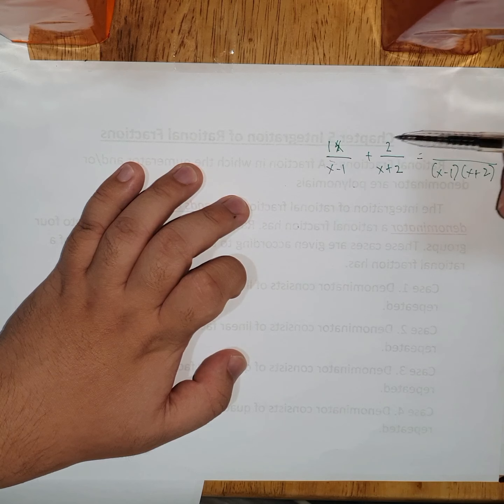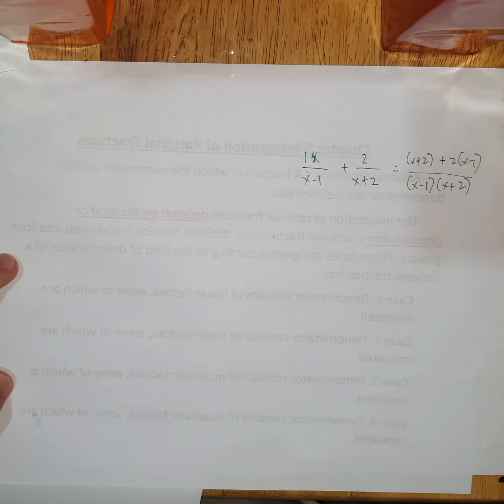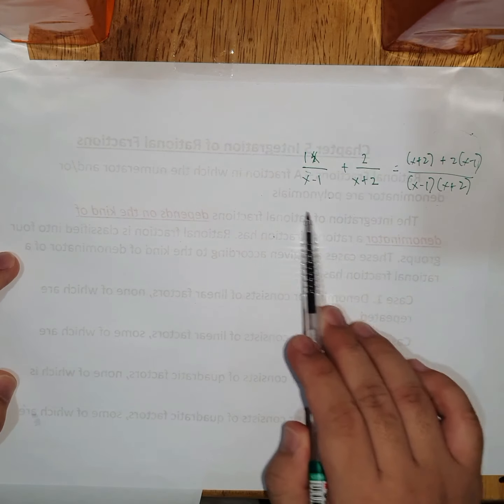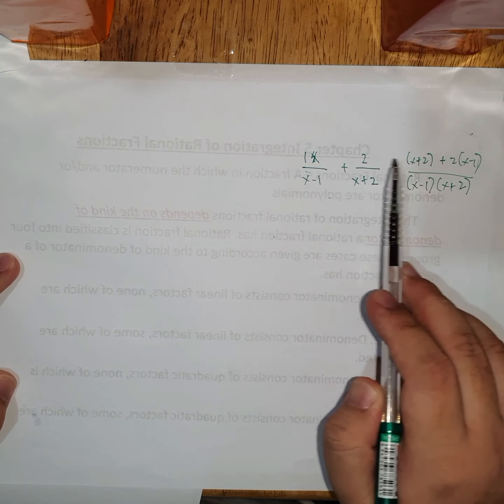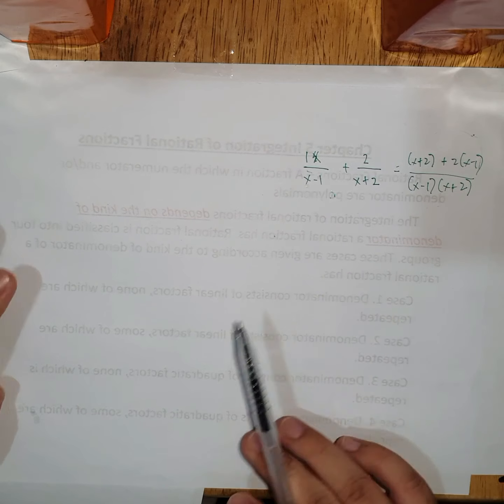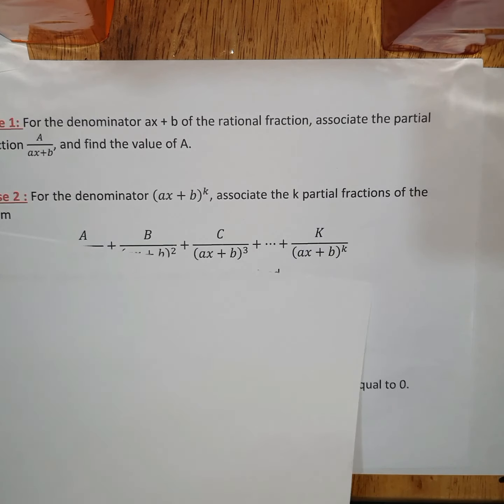Tapos, kung ano man yung matira dito, magiging x times (x plus 2) plus 2 times (x minus 1). Yung given sa atin ngayon is itong form na to, i-decompose natin siya para maging ganito. So, reverse process tayo. Yung didiscuss lang natin is yung technique kung paano siya i-reverse. Okay? Sana malinaw yun. Okay.